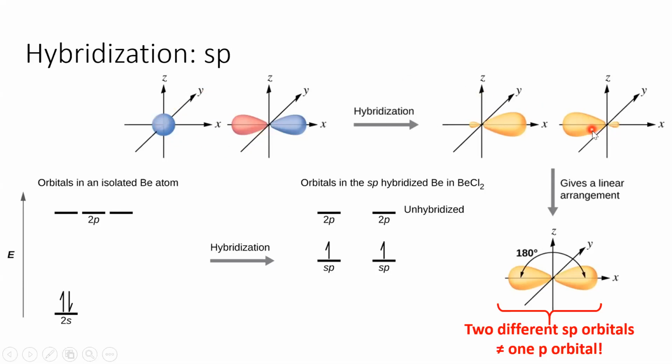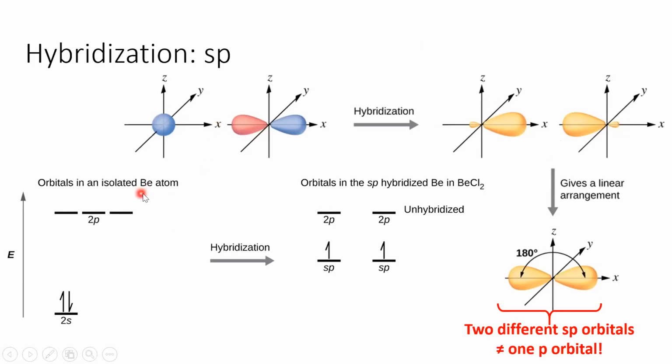We're going to still end up with 2 orbitals, but these orbitals are going to be an amalgam of the original s and p orbital. So this is called an sp hybridized orbital, and this is called an sp hybridized orbital. Now, we started with 2 orbitals. We ended up with 2 orbitals, but now these 2 orbitals are exactly the same, whereas before the hybridization, they were not.